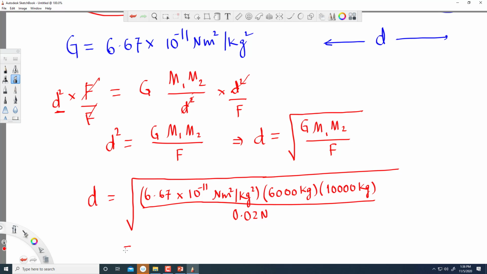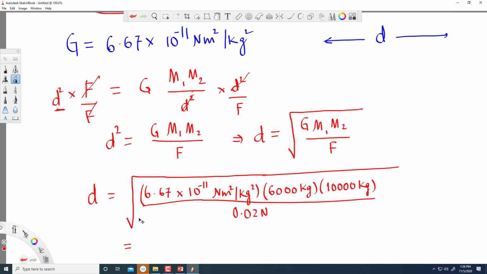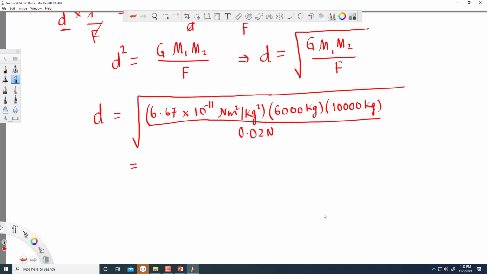Now you will need a calculator to do this one. I cannot do this by hand. So let's do that with a calculator, and you need a scientific calculator. You cannot do it with an ordinary calculator.